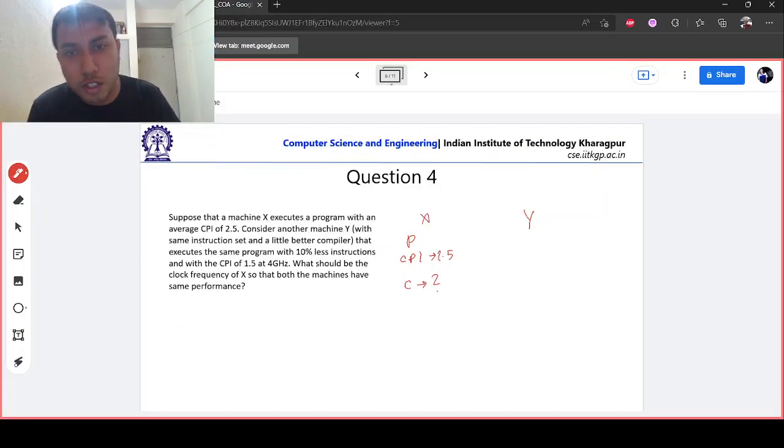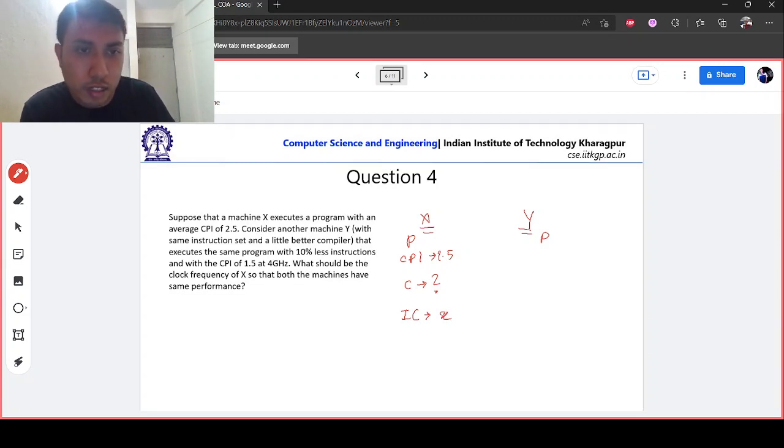So the question says there is a machine X and a machine Y. Both execute the same program P. X has CPI of 2.5 and the clock frequency is unknown, and suppose the IC, that is the instruction count, is x.